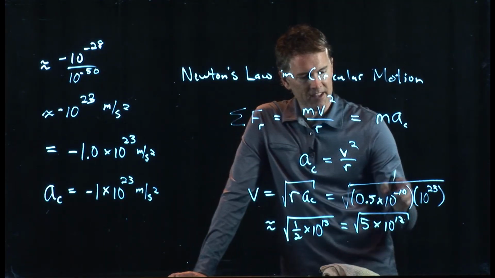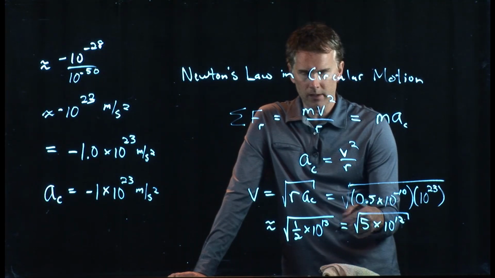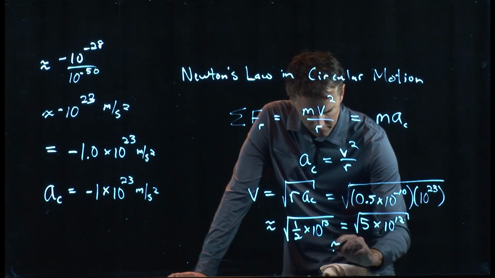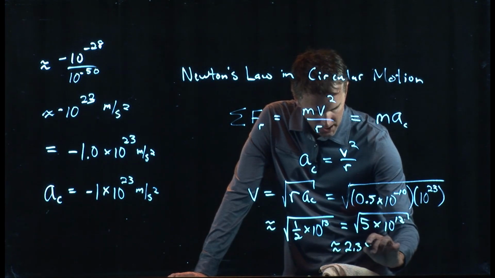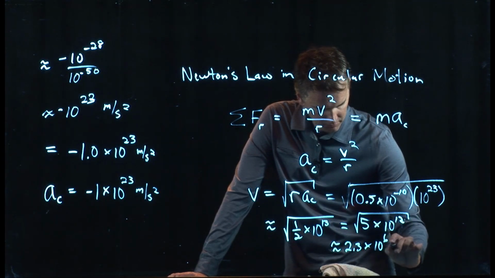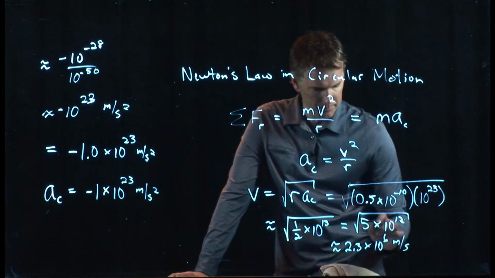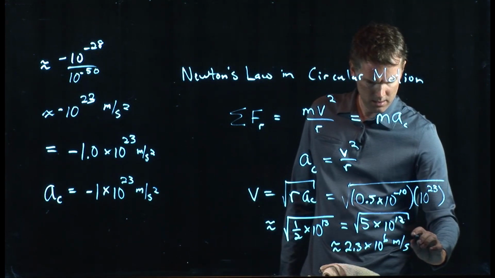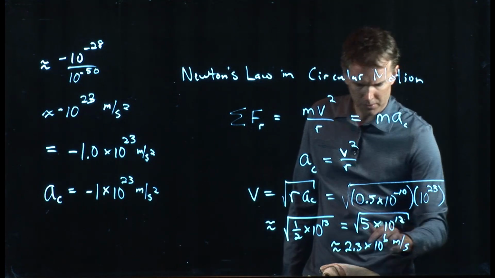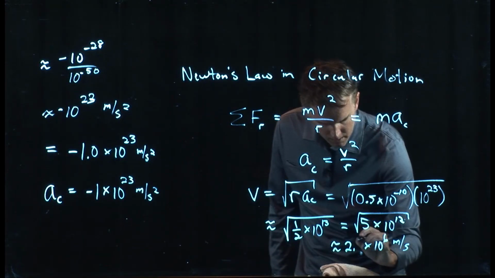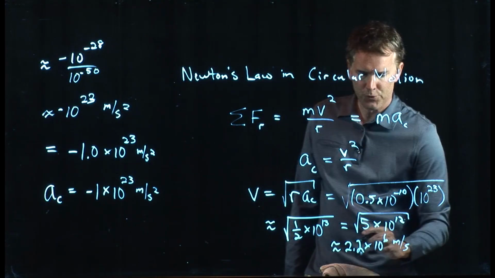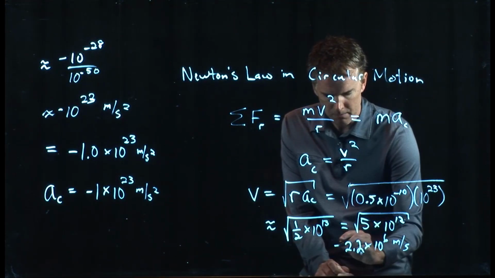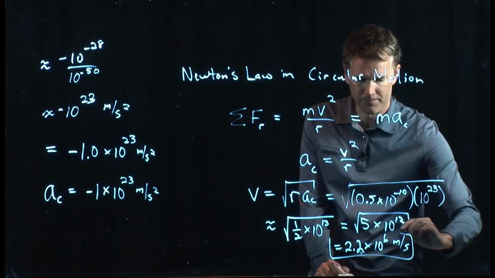Square root of 10 to the 12 is 10 to the 6. Square root of 5 is a little bit bigger than 2, right? So I'm going to say this is about 2.3 times 10 to the 6. And did anybody punch it into your calculator? Okay, so this should be a 2.2. So we were close. 2.2 times 10 to the 6 meters per second.